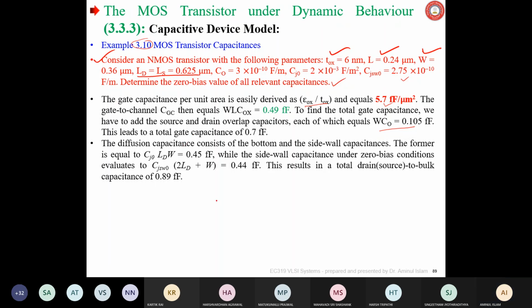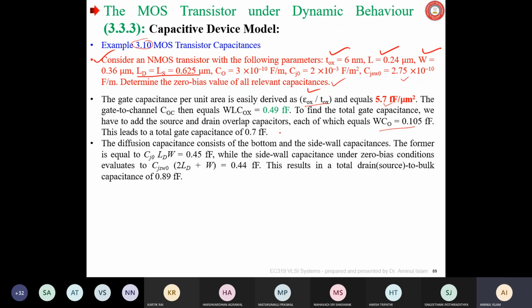Remember that. CO, the overlap capacitance, is 3 into 10 to the minus 10 farad per meter, CJ0 equals 2 into 10 to the minus 3 farad per meter square, and CJSW0 equals 2.75 into 10 to the minus 10 farad per meter. Determine the zero bias value of all relevant capacitances.